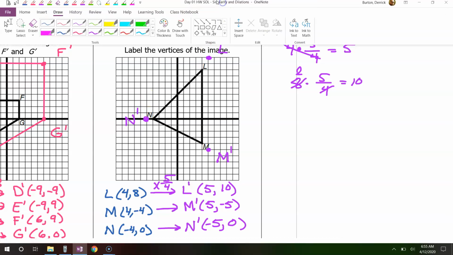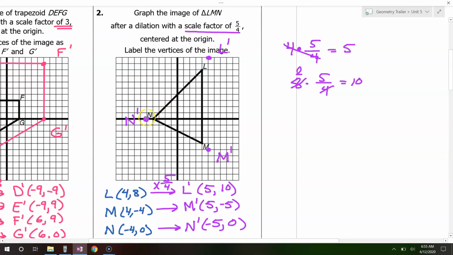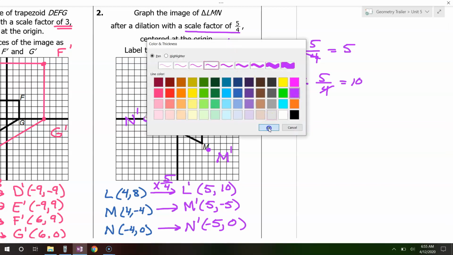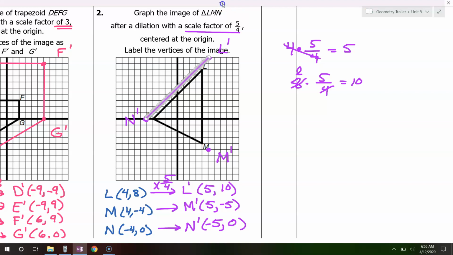So you can see this triangle is going to be just a tiny bit bigger than the original. All right, I really meant for this to be purple. All right, so there you go. Another example of a dilation.